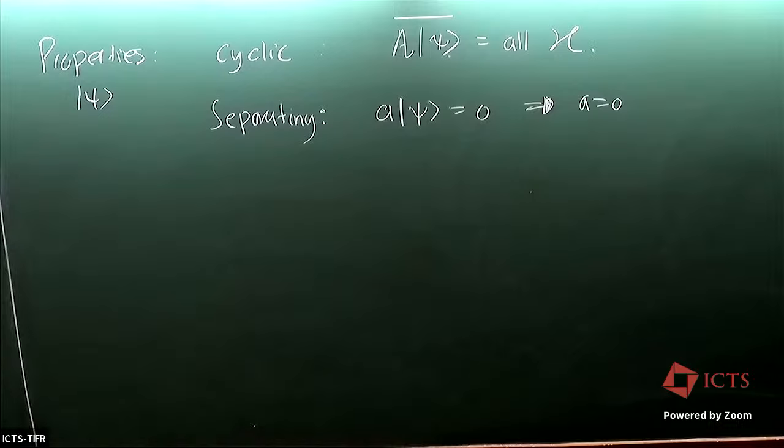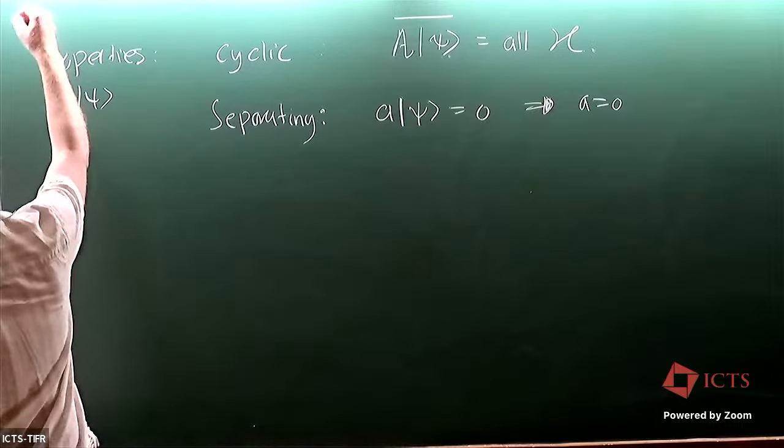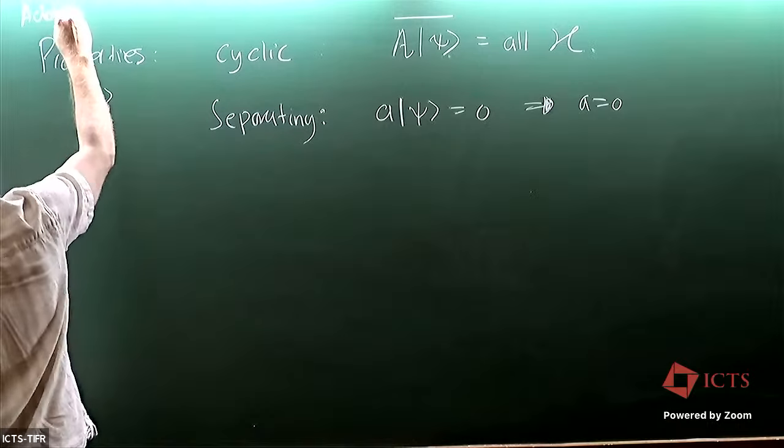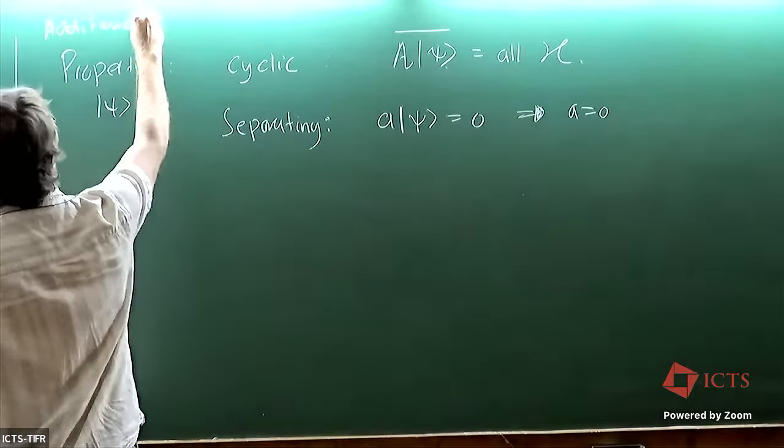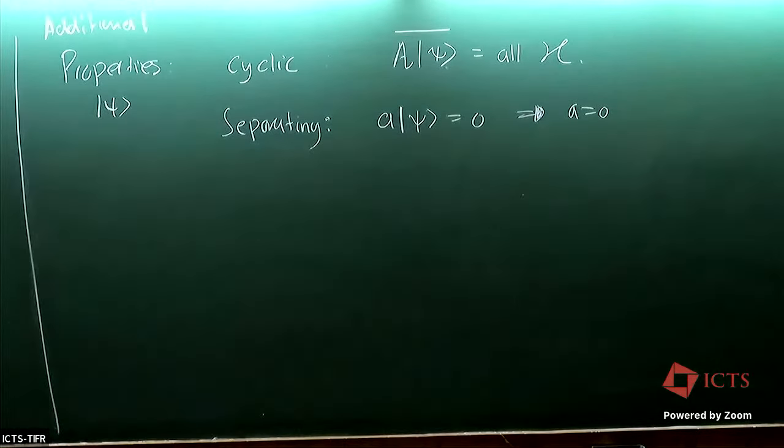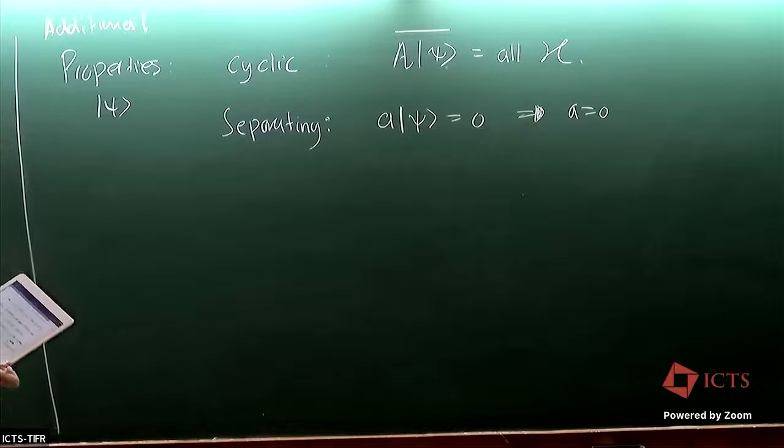These are additional properties that we may or may not want to impose. If we have a state here, then we might look for a cyclic and separating state.